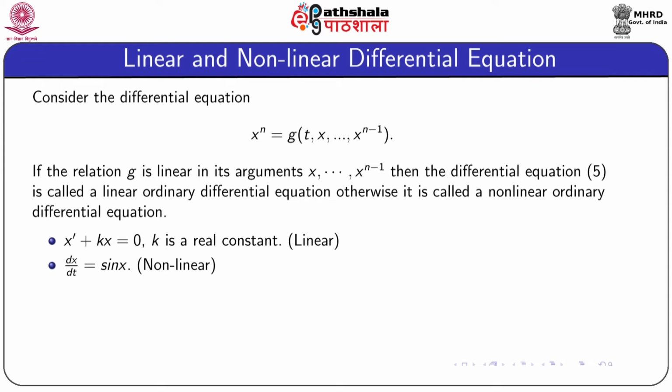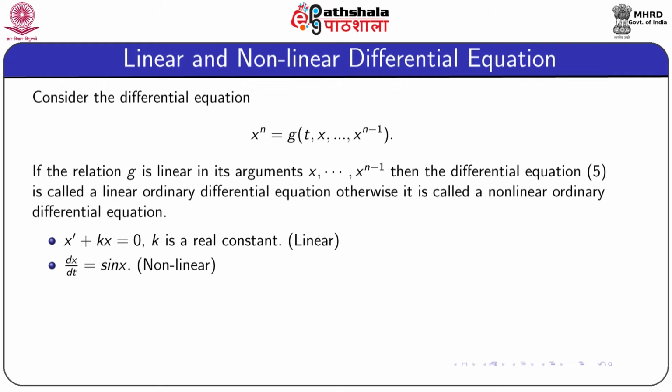Otherwise, it is called a nonlinear differential equation. The example x' + kx = 0, where k is a constant, is a linear differential equation, whereas dx/dt = sin x is a nonlinear one, because you can expand sin x as x − x³/3! + x⁵/5! − ..., and hence it is a nonlinear differential equation.